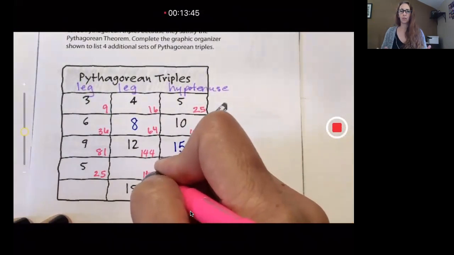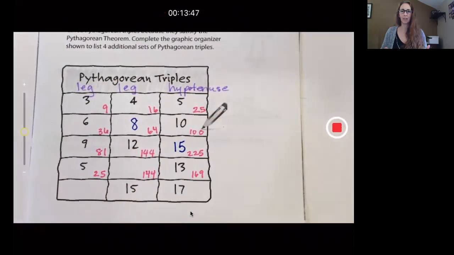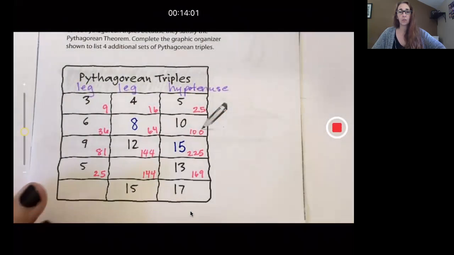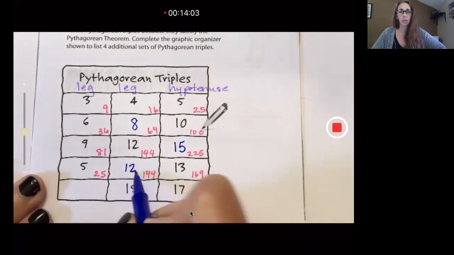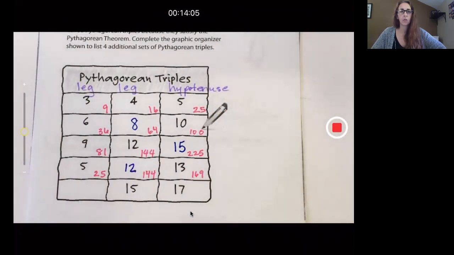Gives you 144. You're like, how is that possible? Well, you take a look at the 2 legs of the 9, 12, 15, and the hypotenuse and that leg. They're not the same. But we do get to use that 12 again. So 5, 12, and 13.